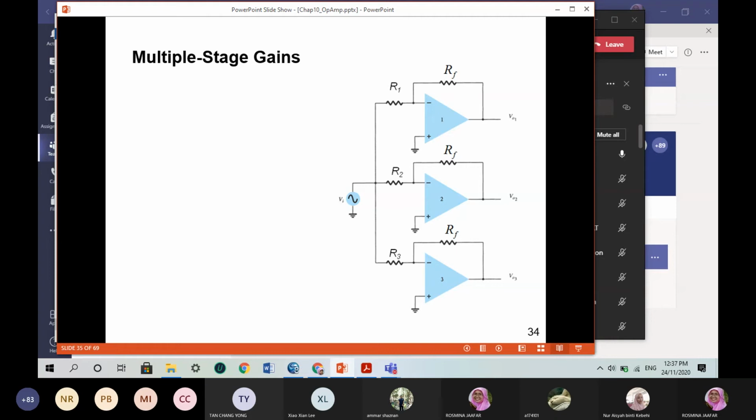And if you notice, this arrangement is parallel. A1 will be, because you apply to the negative terminal R1, A1 is the inverting amplifier with inverting gain.